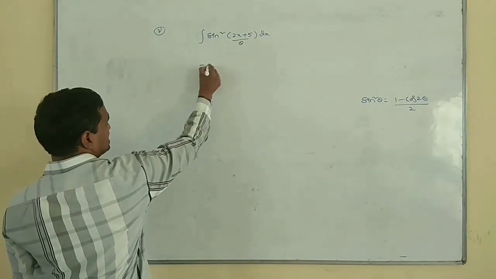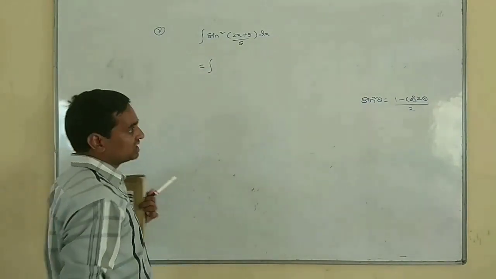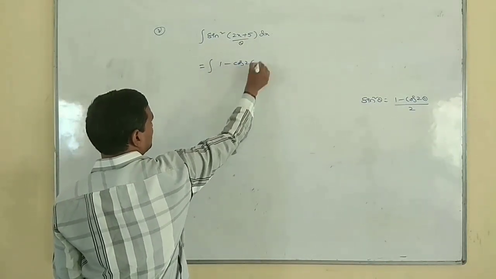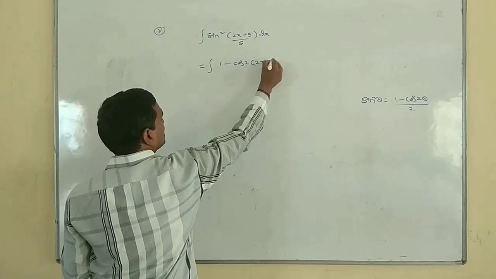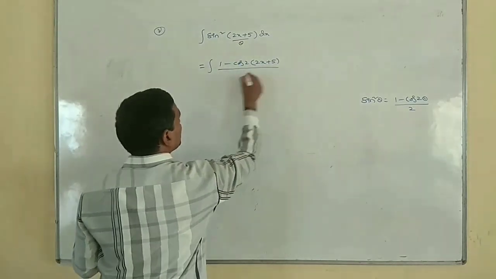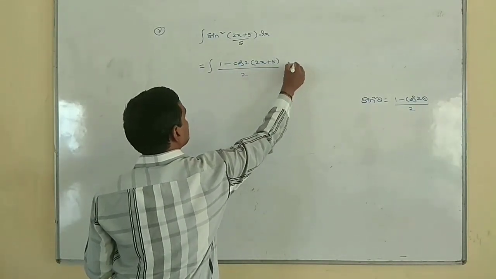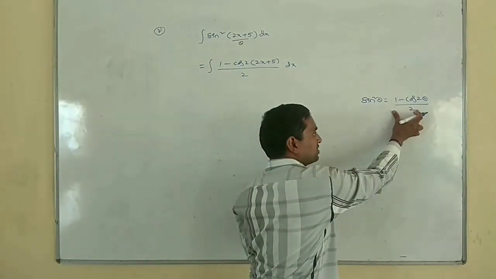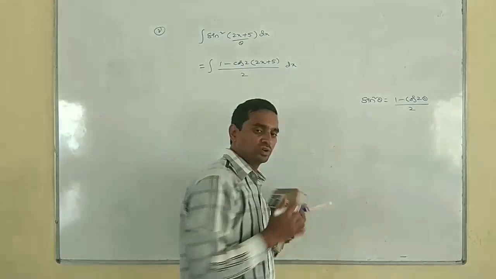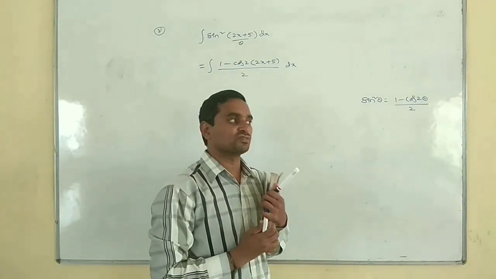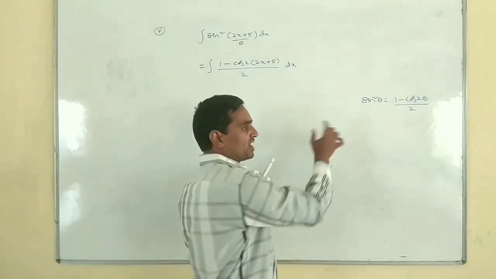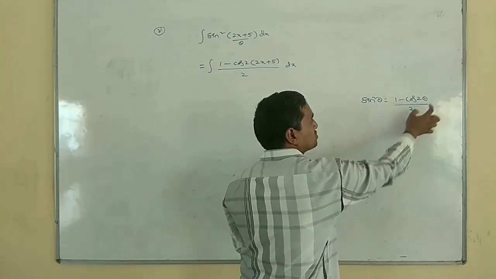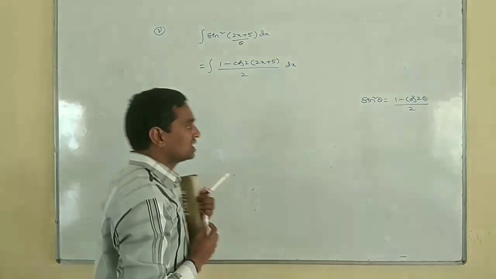You can write this integration as usual: integral of 1 minus cos 2 theta, meaning 2x plus 5, divided by 2 dx. This sine square is converted into this form because we don't know the direct integration of sine square. That's why we convert sine square as 1 minus cos 2 theta by 2.